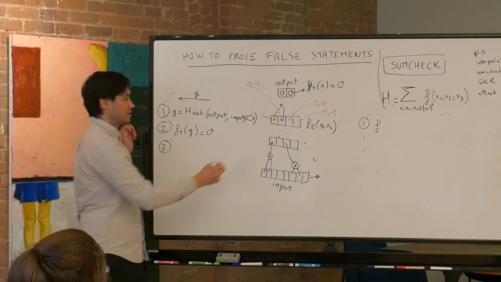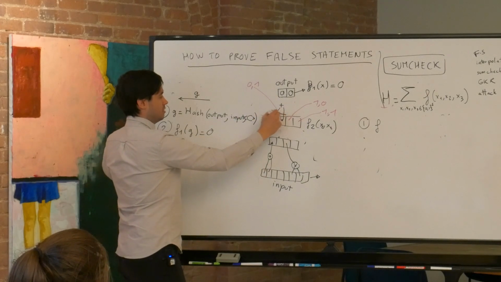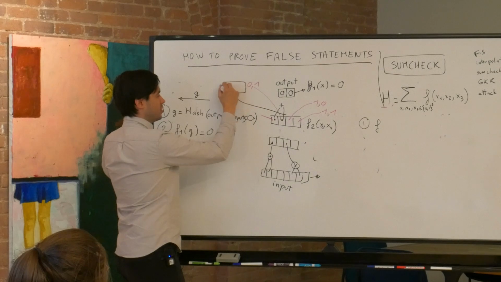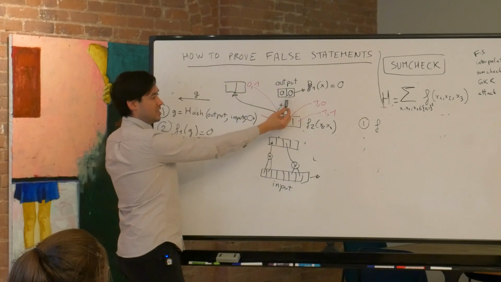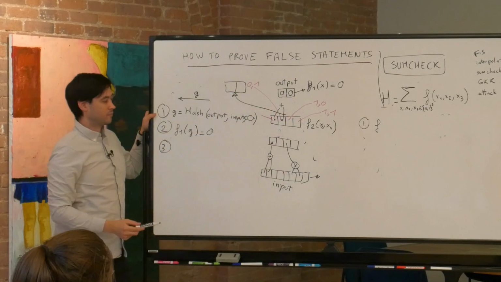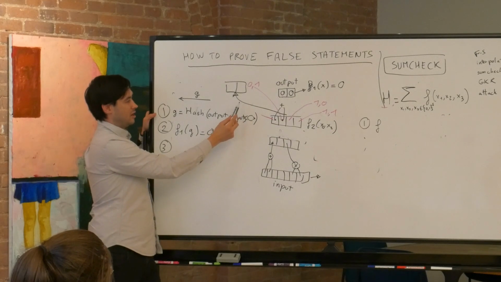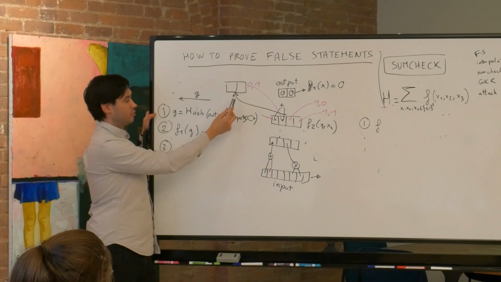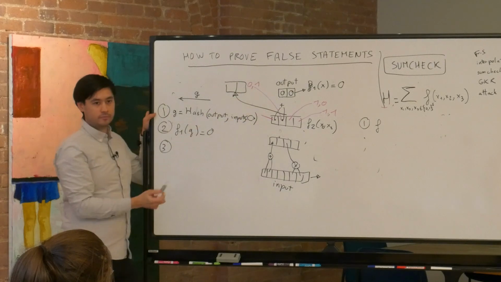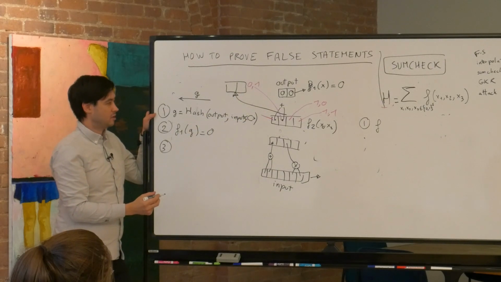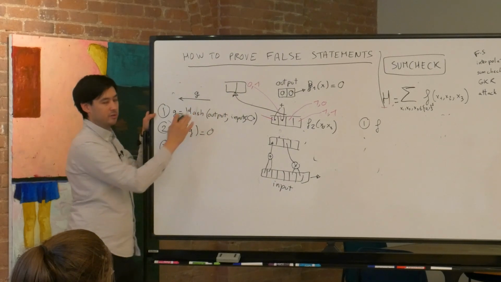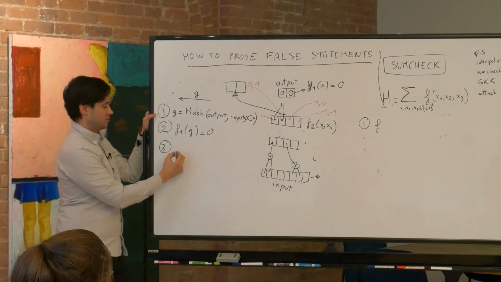So the circuit actually produces a different output, but we have to convince them that it's these outputs. Meaning we have to convince them that this polynomial, when evaluated at G, is also 0. So we have to produce something that when evaluated at G is also 0.